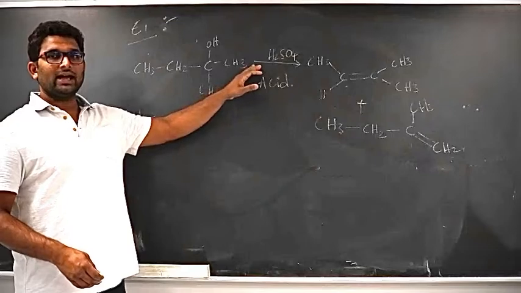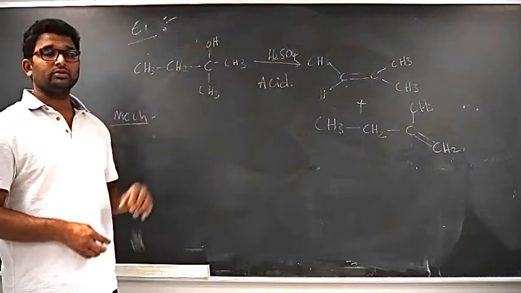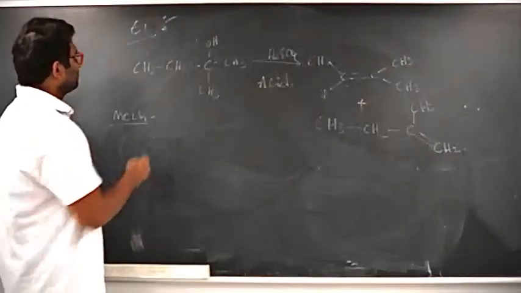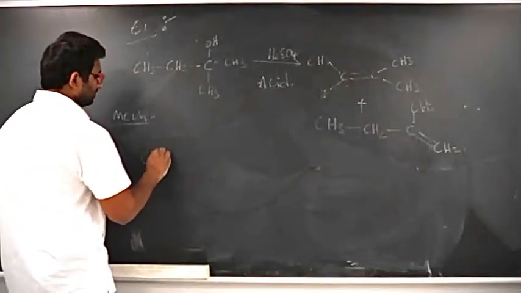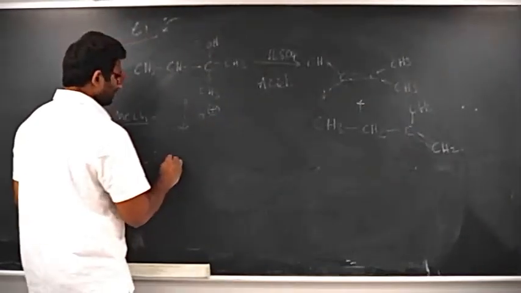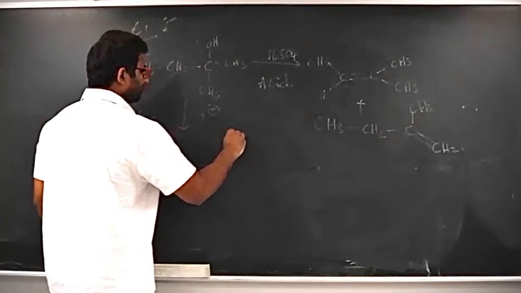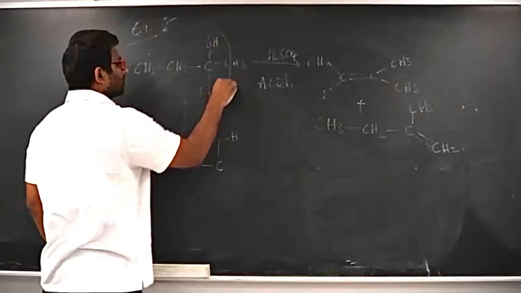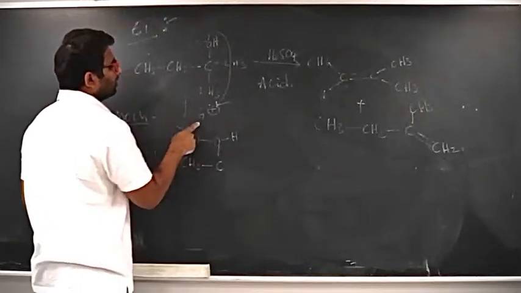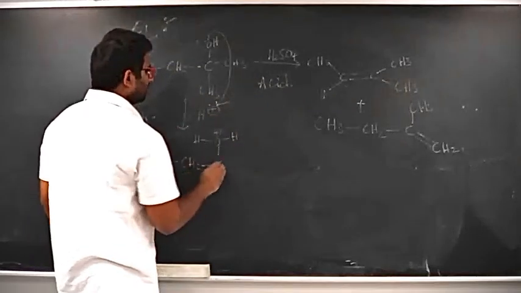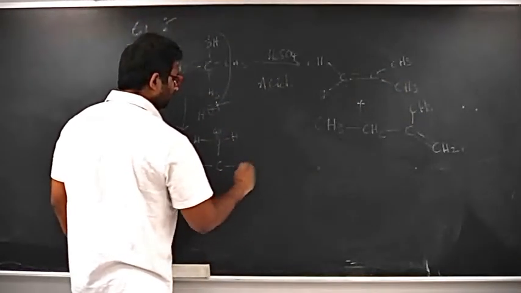Whenever we add acids like sulfuric acid to alcohols, the OH group, the alcohol, gets protonated first. So this becomes H plus. The oxygen takes a hydrogen and becomes H2O plus, a water molecule.